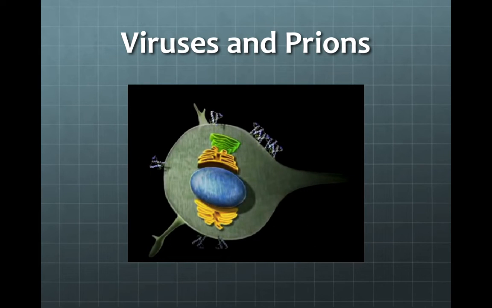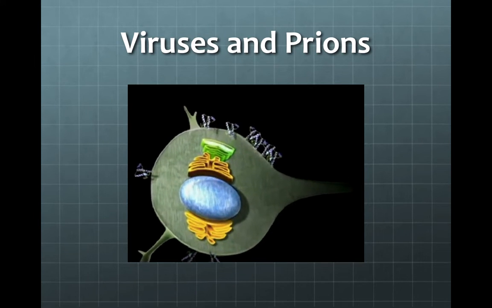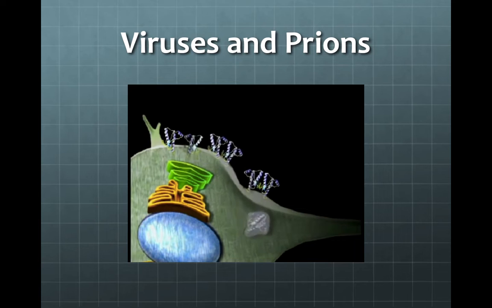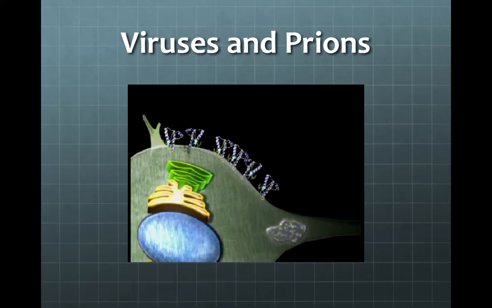Now we know that normal prion proteins are abundant in the body and are found in the membranes of many cells, including neurons. As with other proteins, they're produced in the endoplasmic reticulum, processed in the Golgi apparatus, and transported to the cell surface. And as with many other surface-bound proteins, they're engulfed by endocytosis and degraded within lysosomes.